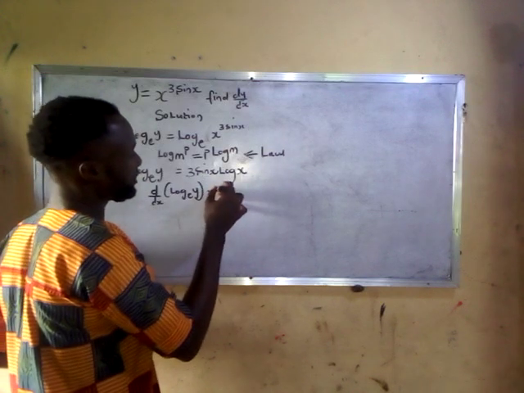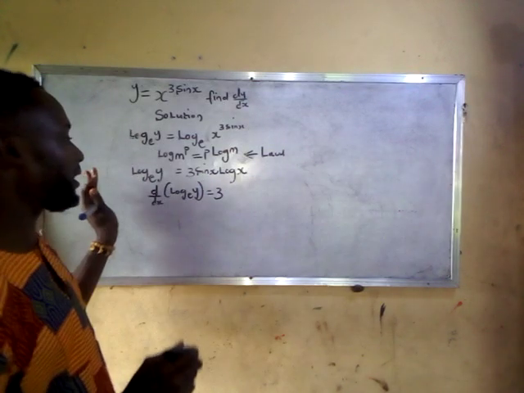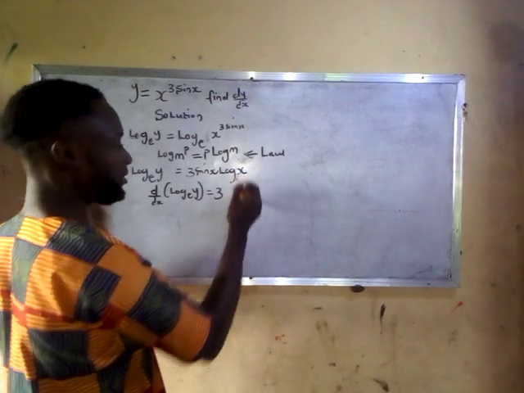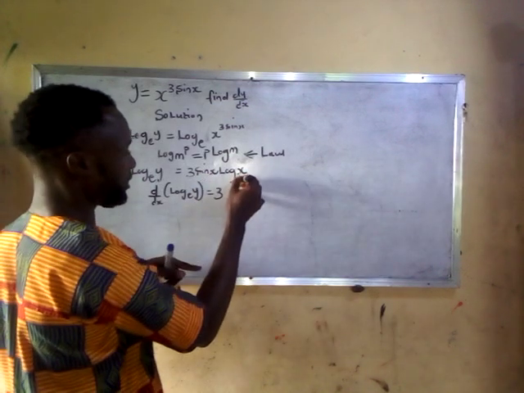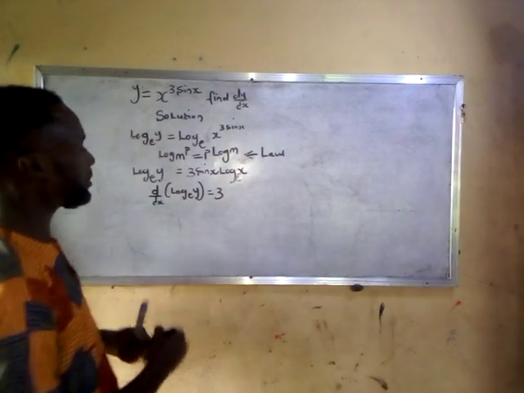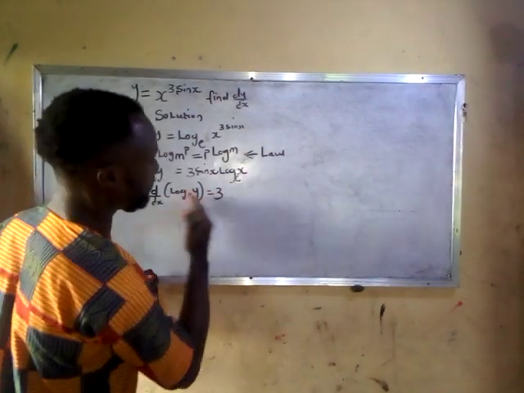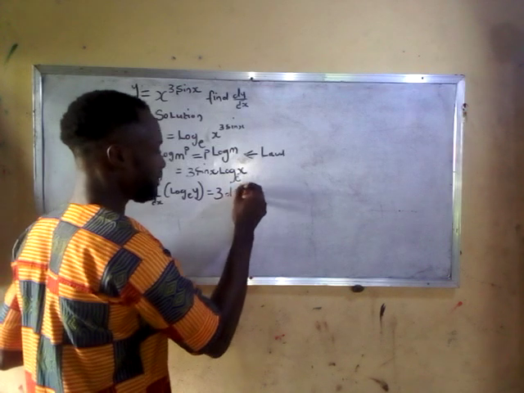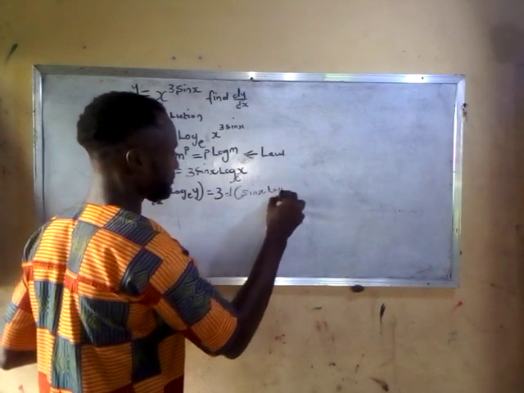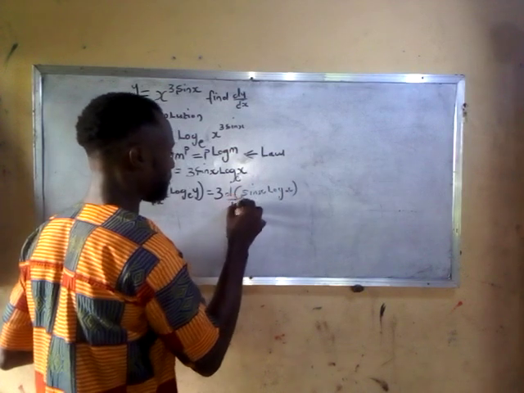I will bring out my 3 outside so that I will differentiate. This is log base a, that is natural log. Please remember this. Now I will bring out my 3, then differentiate sine x ln x.